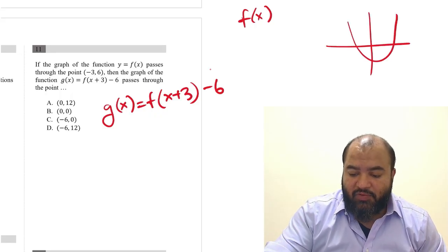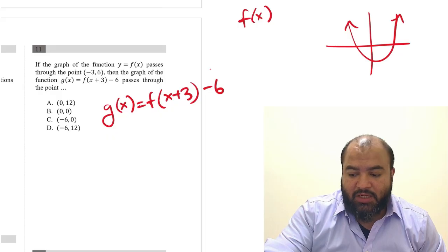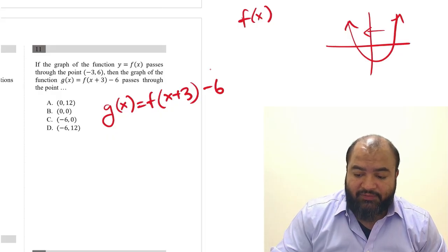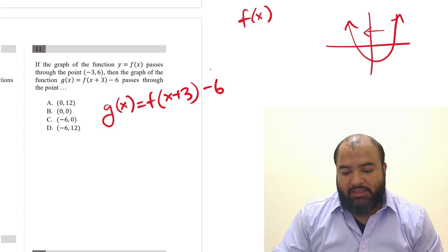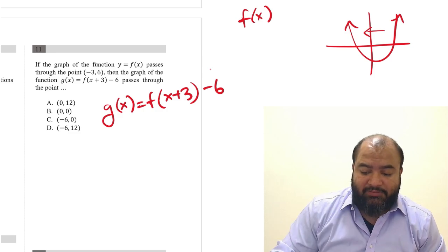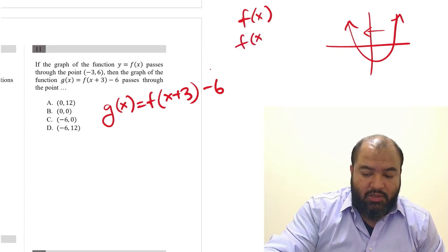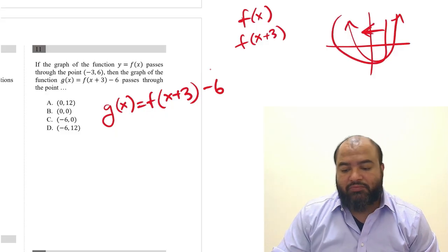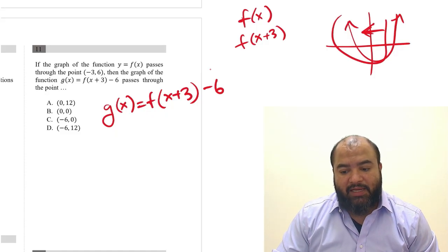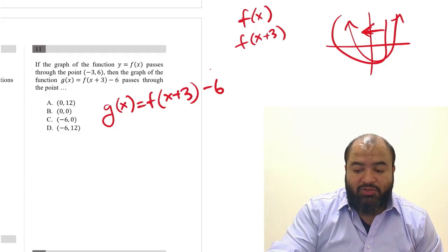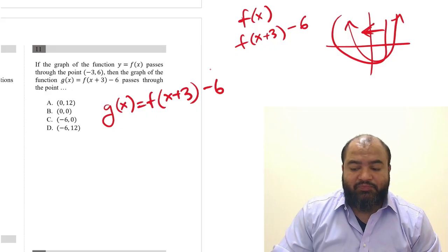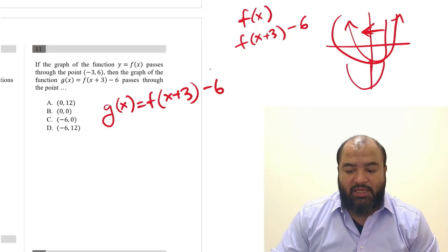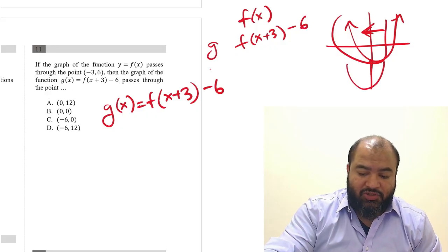If you want to move it 3 units to the right or 3 units to the left, for left and right, you have to add something or subtract something. So if you add 3 with the x, this one moves 3 units to the left. Whatever the f of x is, you move it 3 units to the left, and then minus the 6 means you move it down 6 units. Translation, okay? So that's how they got the g of x.